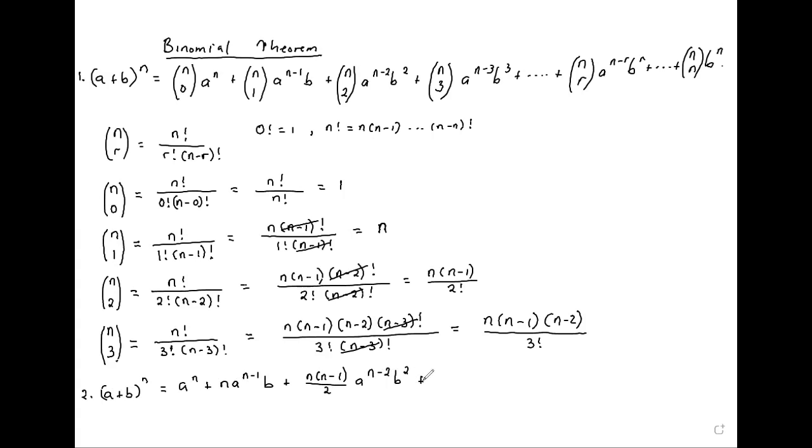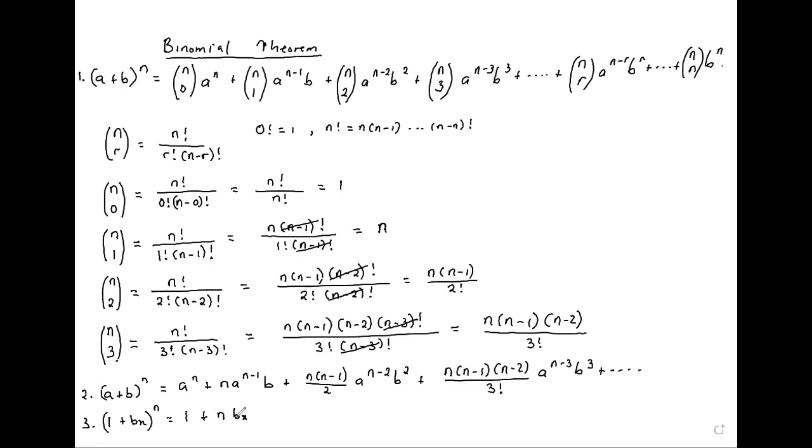Instead of n choose 3, we'll say n(n-1)(n-2) over 3 factorial, a^(n-3) b^3. Even nicer, if we have 1 in the position of a and bx in the position of b, where there is a, you will have 1. 1 to the power n is still 1, plus n, where a is 1, 1 power n minus 1 is still 1.